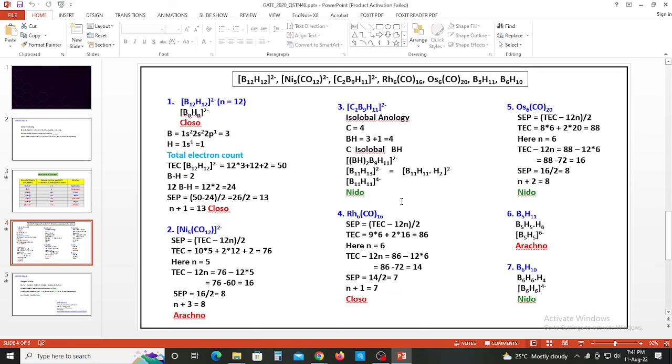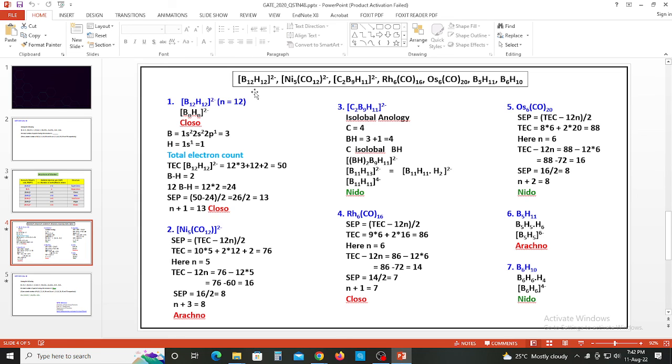This is a very common question in almost all GATE problems like VSEPR. This borane compound is an important structure where they will ask the structure of the compound, and it will be so direct. They will give you the compound. Like recently, I think in the 2018 paper only, I saw one.